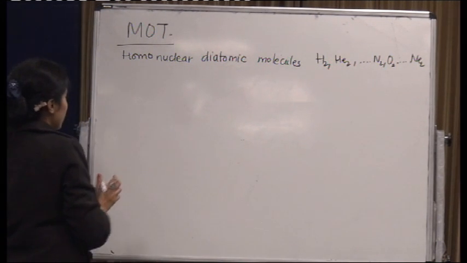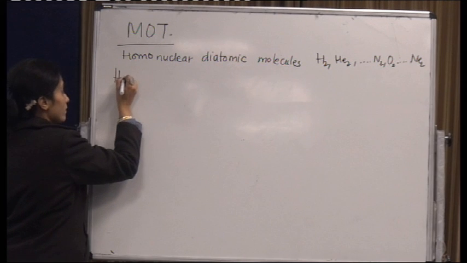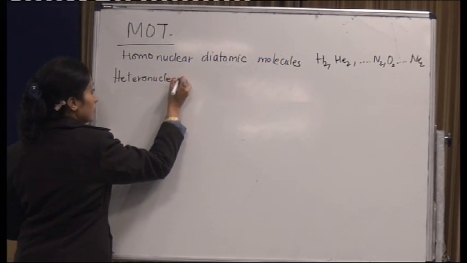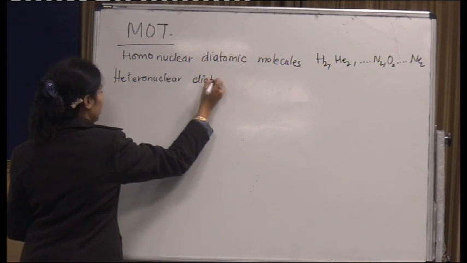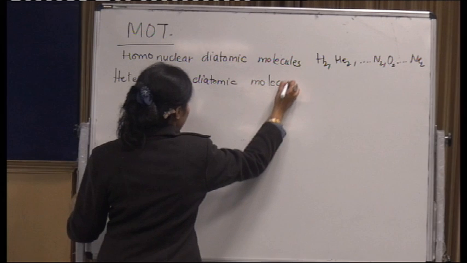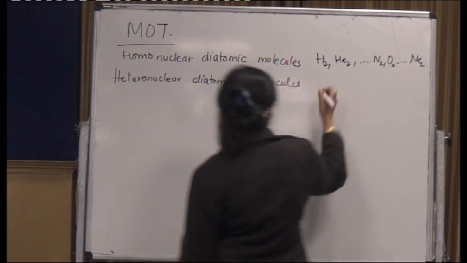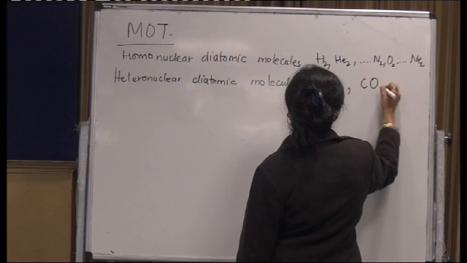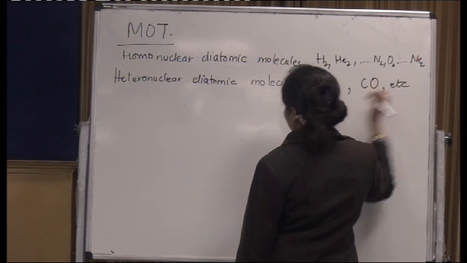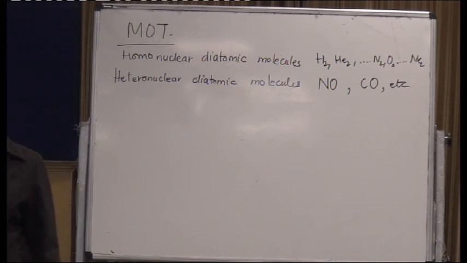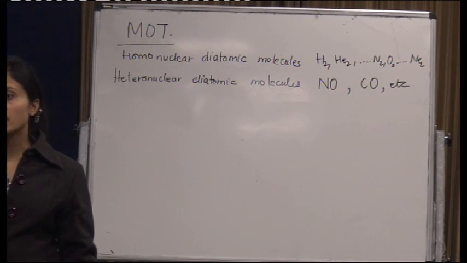Now we'll look into the molecular orbitals for heteronuclear diatomic molecules. For example, you will have NO, CO, etc. These are among the most important examples generally asked in the examination every year.